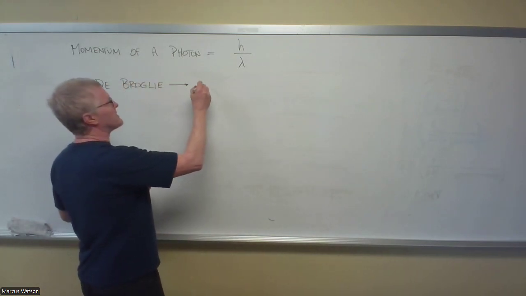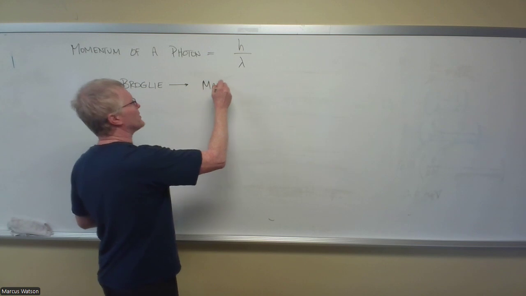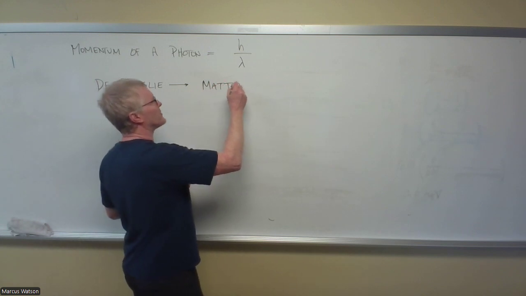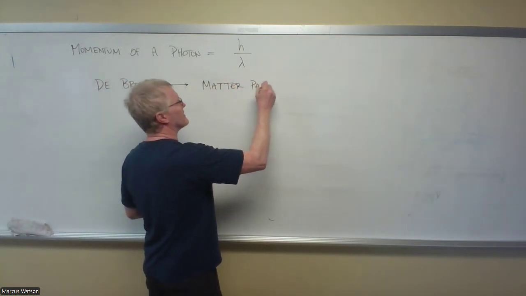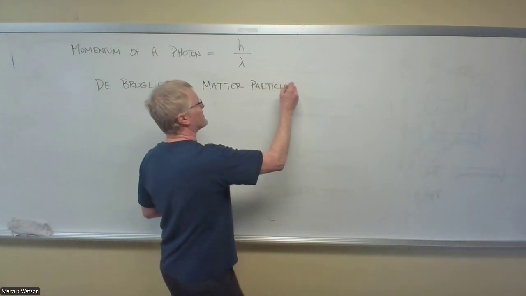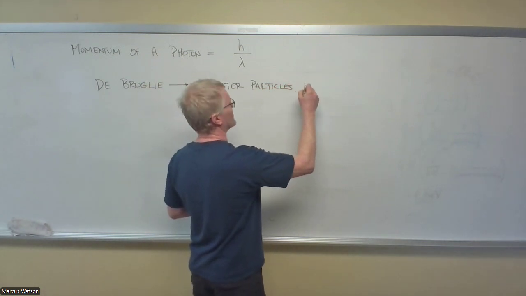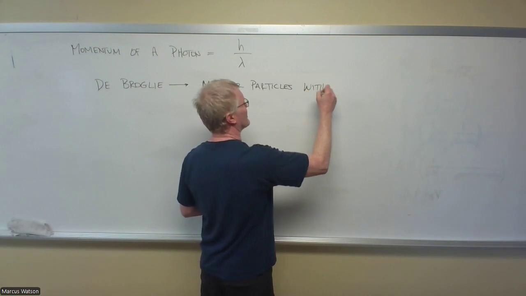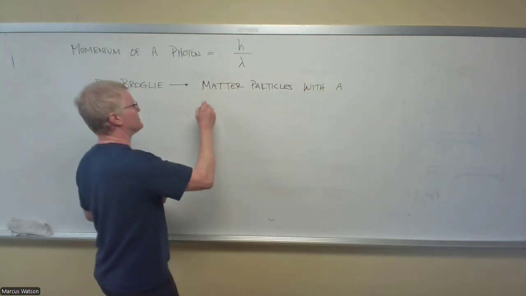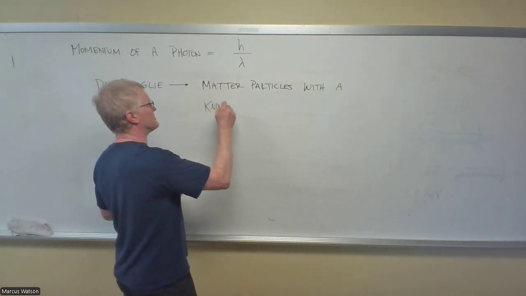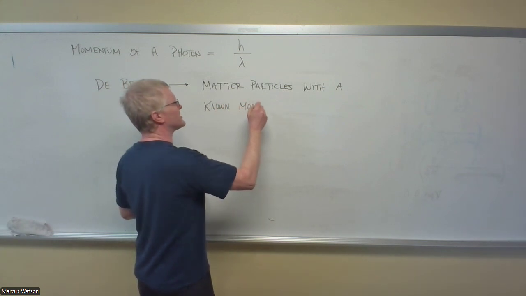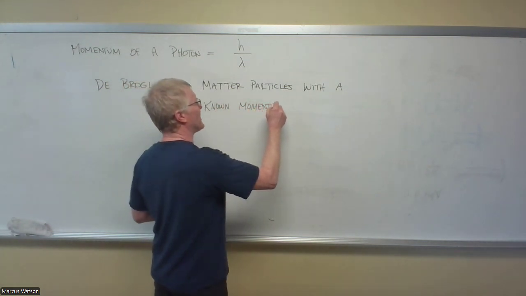So he suggested that matter particles also have a wavelength. In other words, he suggested solving for it in the opposite way.